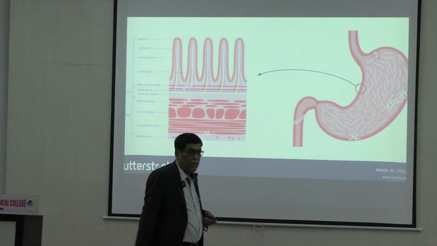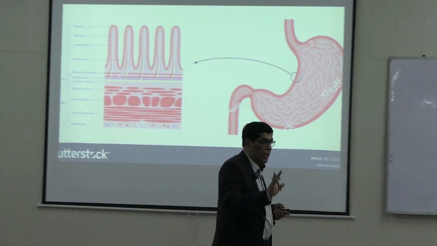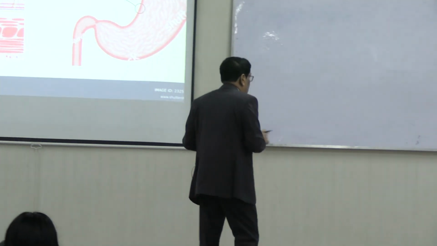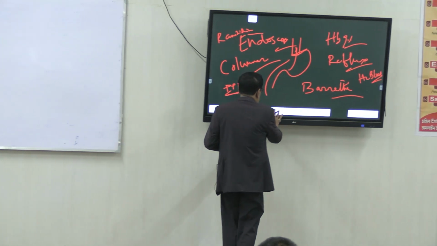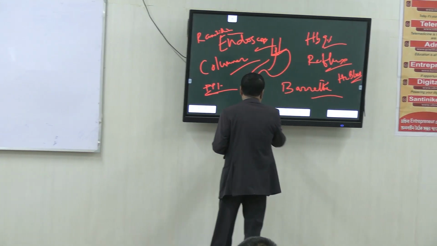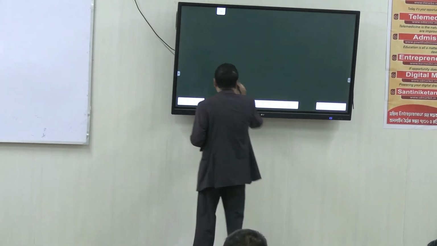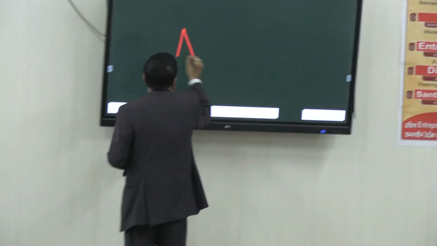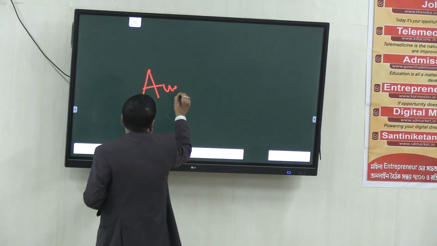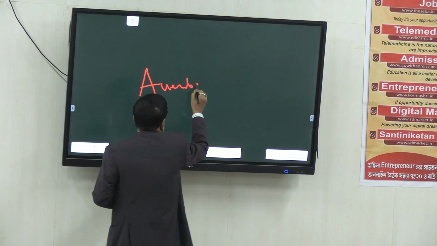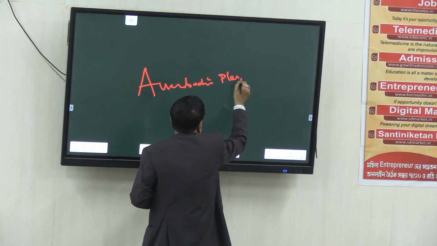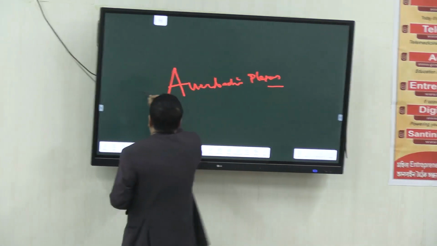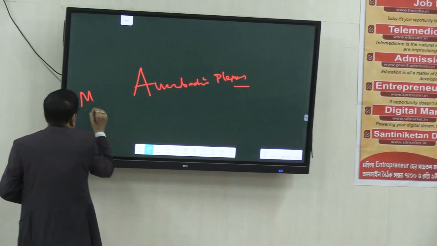Nerve supply of this stomach, there are two groups of nerve supply. One is your myenteric or Auerbach's plexus. This is also called myenteric.